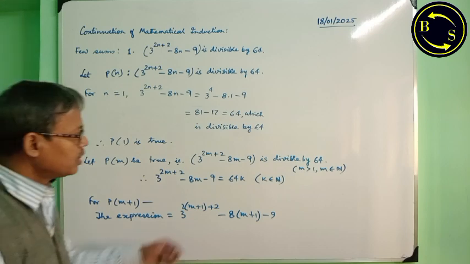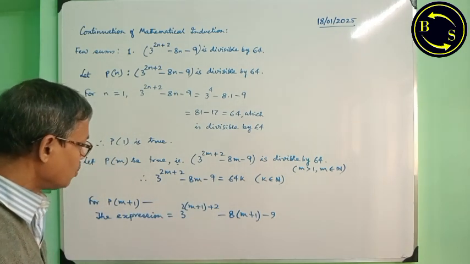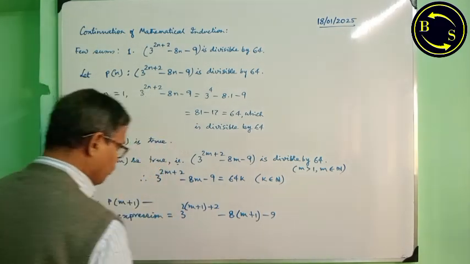Just we have replaced m by m plus 1. Now we shall show step by step. This is also divisible by 64.